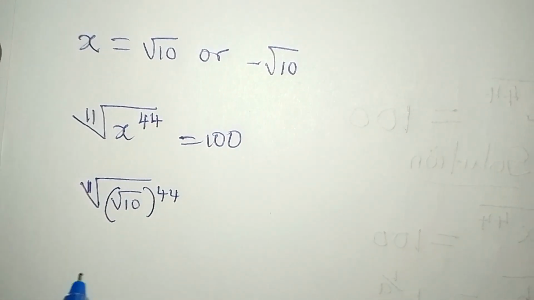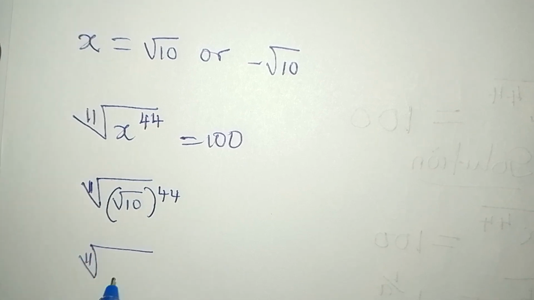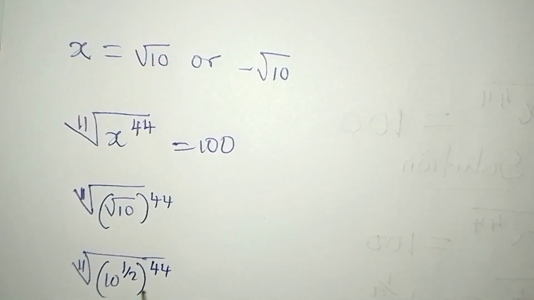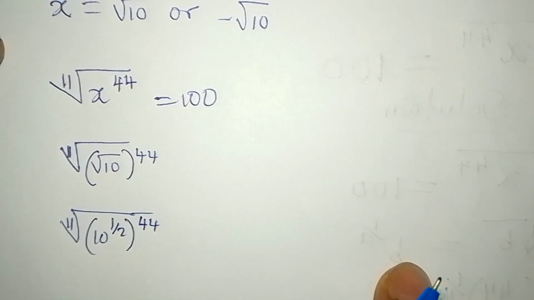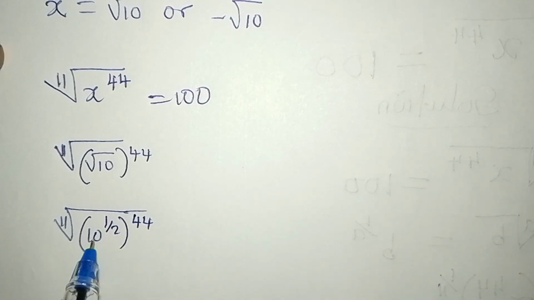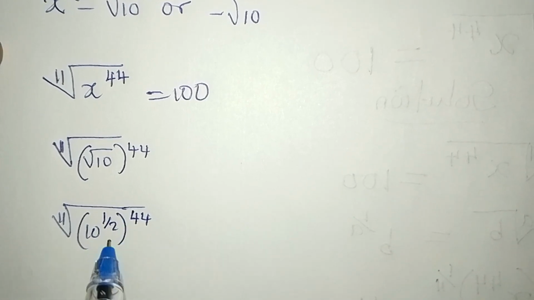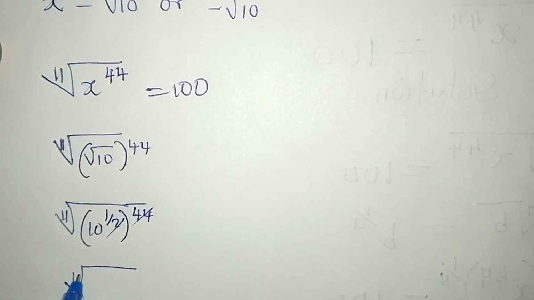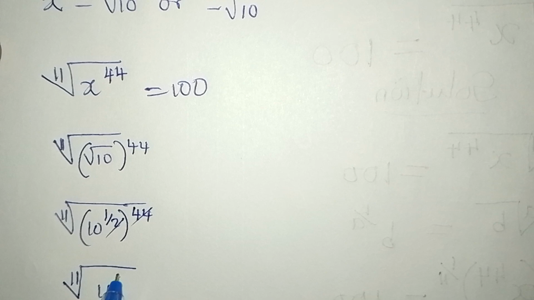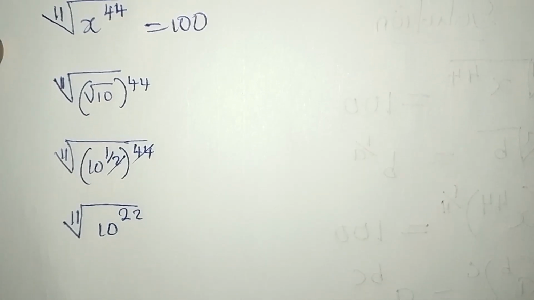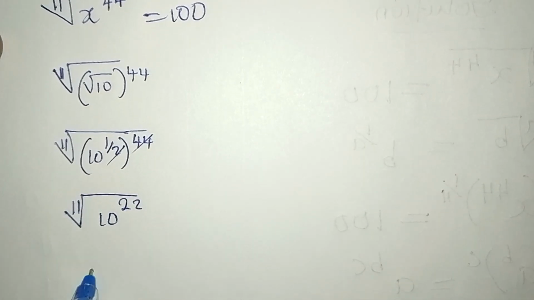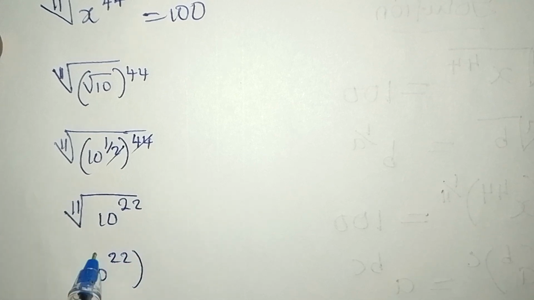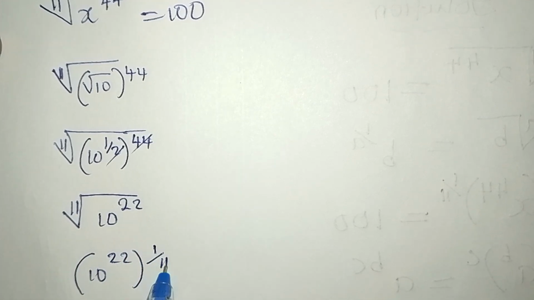Now to continue, we have the 11th root of 10 to the power of 1 over 2, to the power of 44. This is because the square root of 10 is the same as 10 to the power of 1 over 2. Now the 2 will go there and we have 22. So we have the 11th root of 10 to the power of 22. This 11th root can also be written as 10 to the power of 22 to the power of 1 over 11.